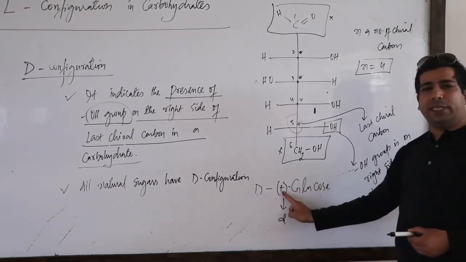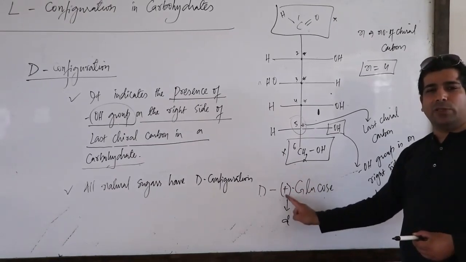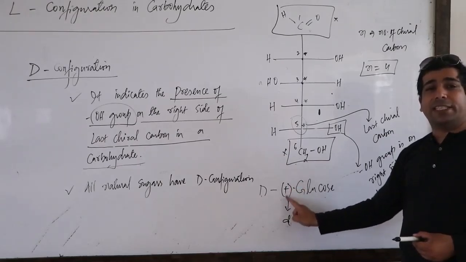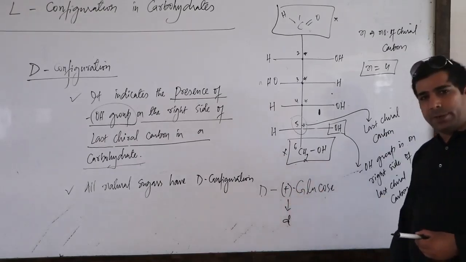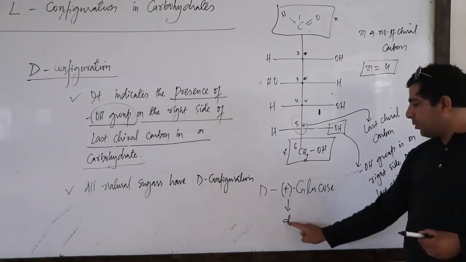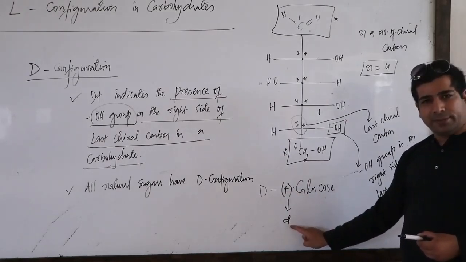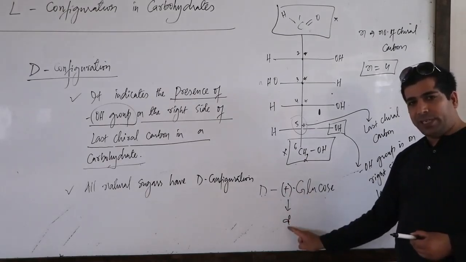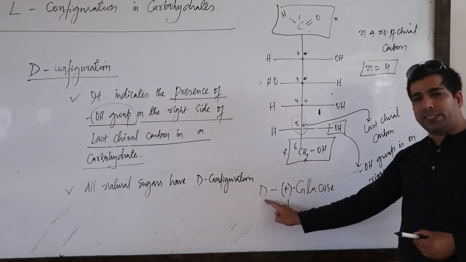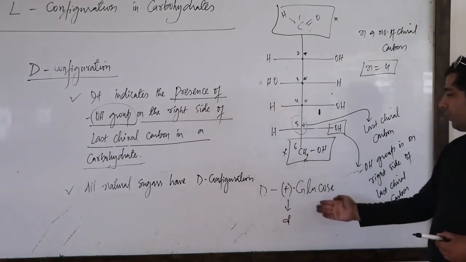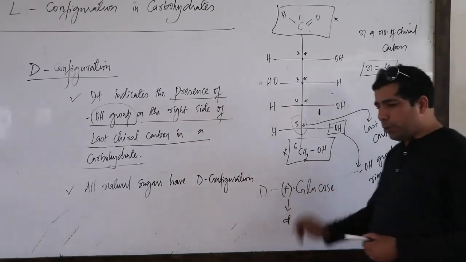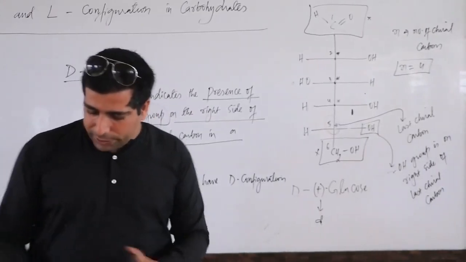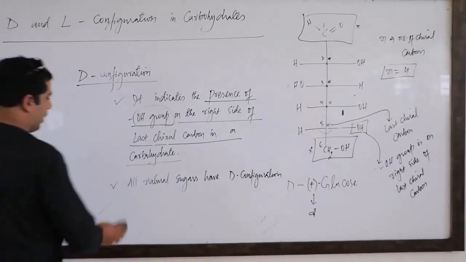This positive sign means through experiment it has been found that glucose can rotate the light in clockwise direction. Clear? So plus. In place of plus you can also write small d. See the difference between this and this. This is for rotation, optical activity, and this is just the arrangement of the OH group on the right side of the last chiral carbon. Then you have a glucose molecule. So D plus glucose you have. Tell me how many chiral carbons are there in the glucose molecule? 4. It's optically active. Okay?